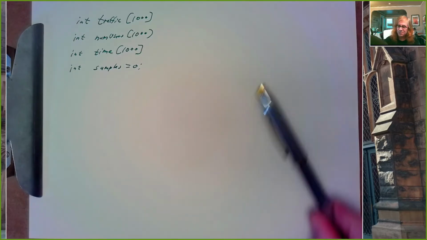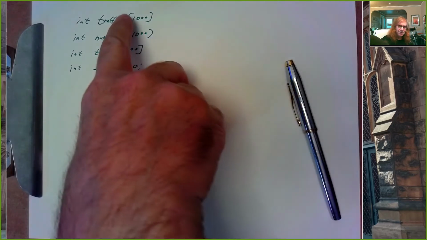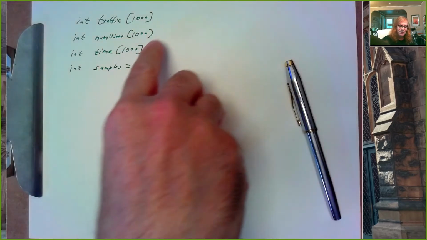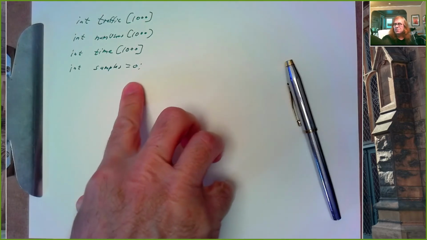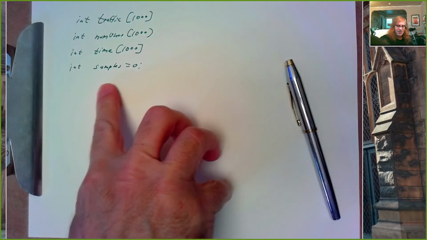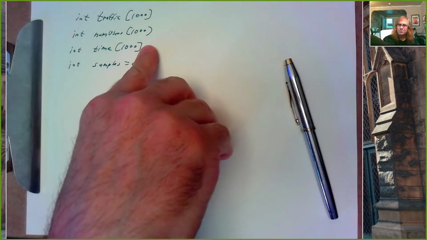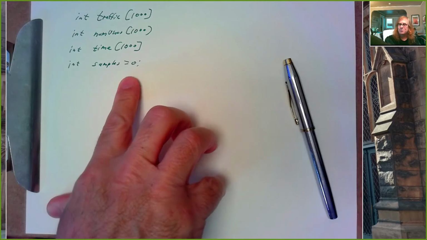And then every time that our process runs and wants to record a new piece of information, we'll store the amount of current traffic, number of users, and time into these arrays using samples as an index, and then we'll increment this index. So the first sample we take will get stored at traffic, num users, and time brackets 0, and samples will increment to 1.